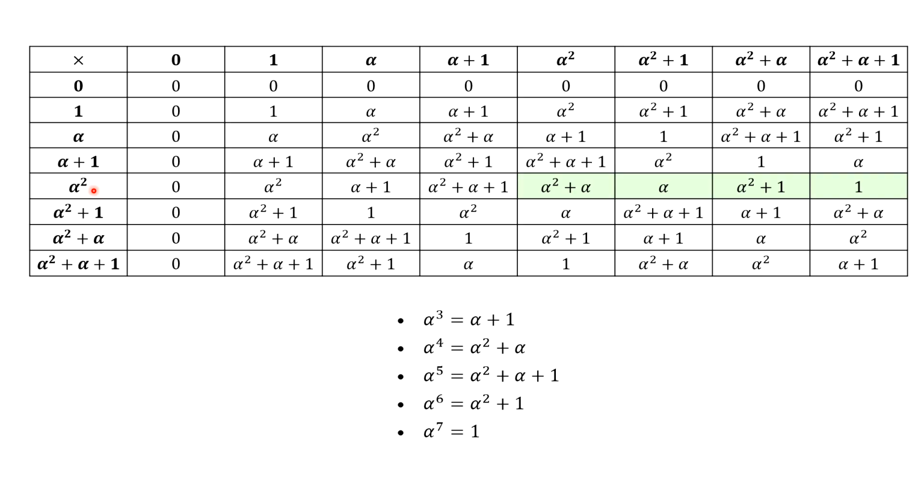You get alpha squared times alpha squared plus alpha. That'll give us alpha to the 4th plus alpha cubed. So if you add these two together, you get alpha squared, 2 alpha is 0, plus 1, so that checks out. And then alpha squared times alpha squared plus alpha plus 1.